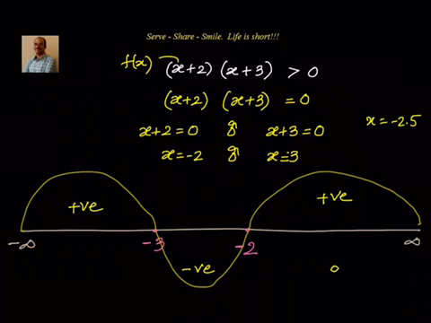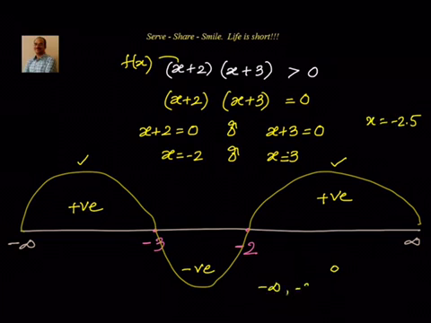Now let's look at the solution. We need f of x greater than 0. So where it is greater than 0, that means we are talking about the positive part. These two are positives. So we have to take them and union them. So the solution set for f of x greater than 0 will be, to start with, minus infinity.